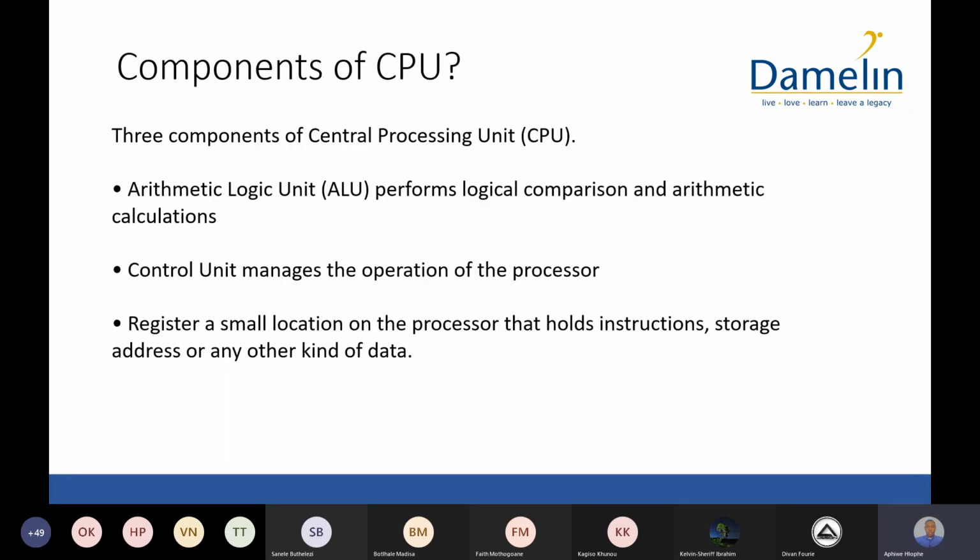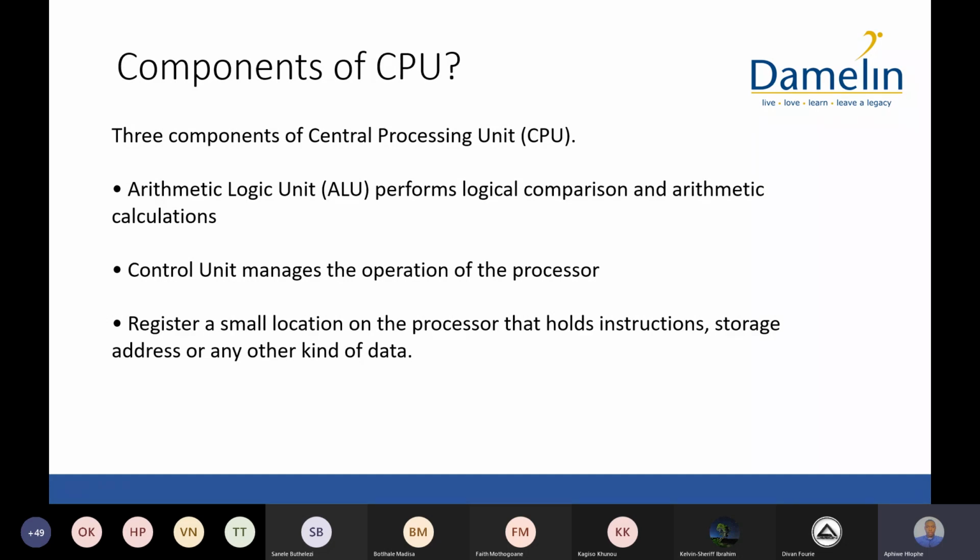The CPU has its own components, which we said include the ALU, within the CPU itself. This component is in charge of performing the calculations. It does comparisons, addition, subtraction, and so forth.